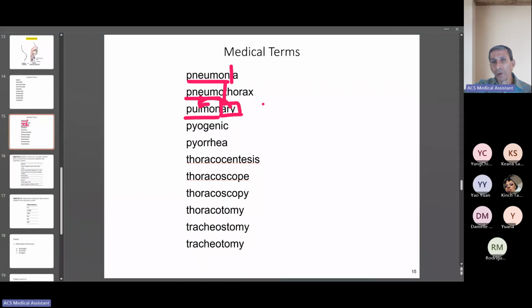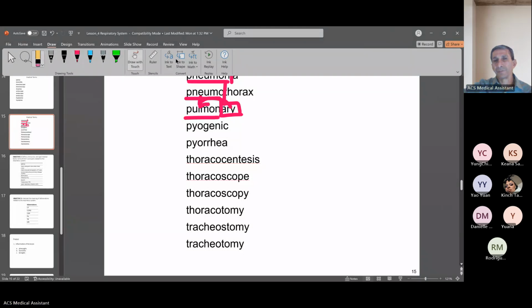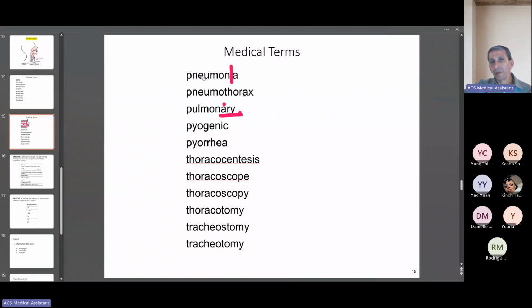For pneumo or pneumon, we can use air, breathing. But for pulmo, no, this is pertaining to the lungs, not pertaining to the air, not pertaining to the chest. The other ones can be used with different terms. This one is only for the lungs. But so you don't get it wrong, think that all of these terms are used only for the lungs.